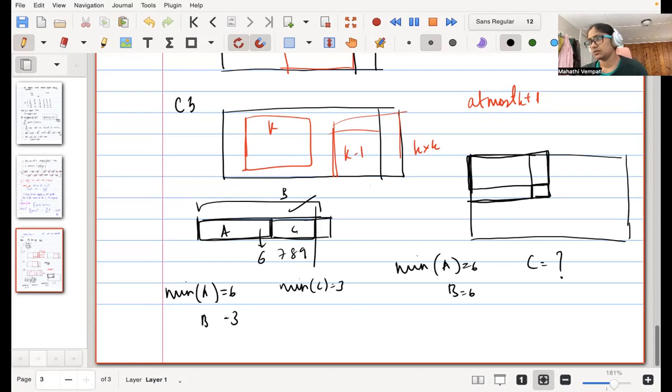What do you do to find minimums in a range? I feel like I know this. Do you do a segment tree? I think you do segment tree. Yeah, I think you need to do segment tree for this.